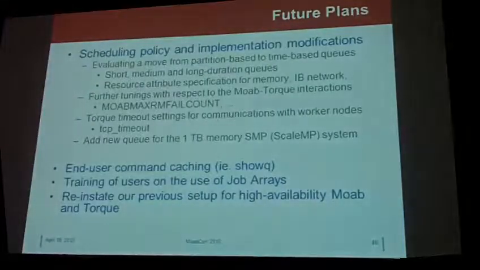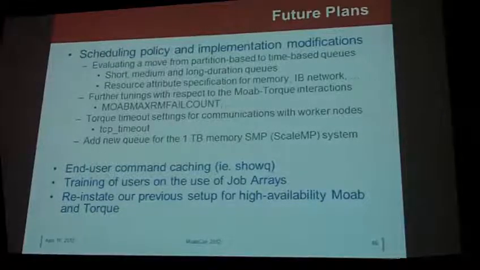So our future plans, just in terms of the scheduling policy and implementation, certainly we want to evolve the system and make improvements. So we want to have a continuous evaluation of how things are working. One thing that we're going to evaluate is moving from partition-based queues or classes to time-based, just to make it a little bit easier for users. Not that it's a necessary issue now.